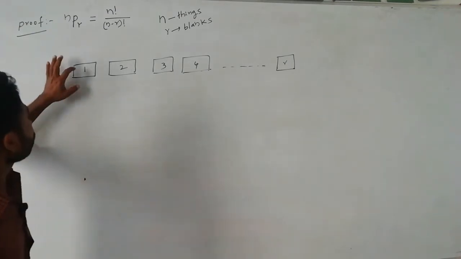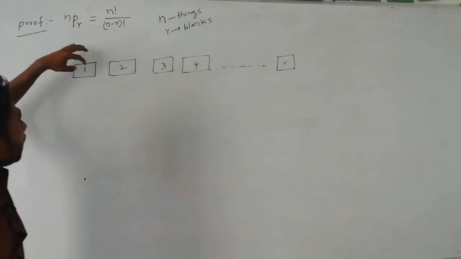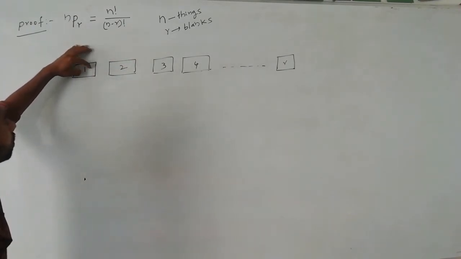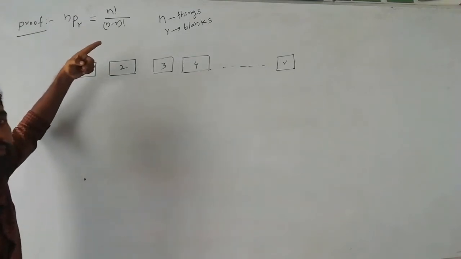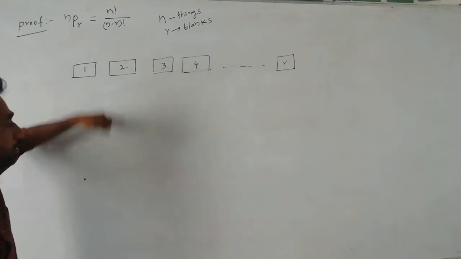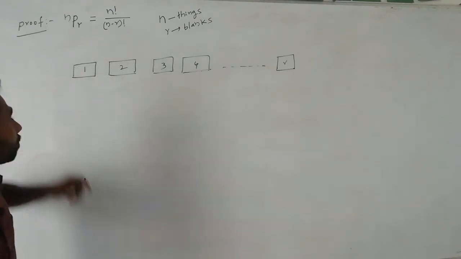Okay, here for the first place, the total number of things is n. How many ways can we fill up the first blank? We have n things, so n number of ways we can fill up the first blank.